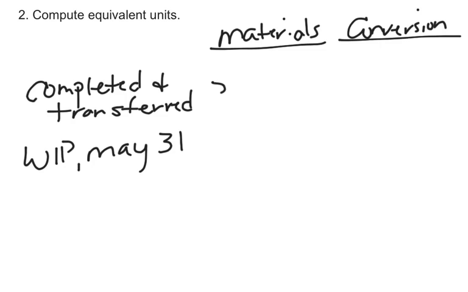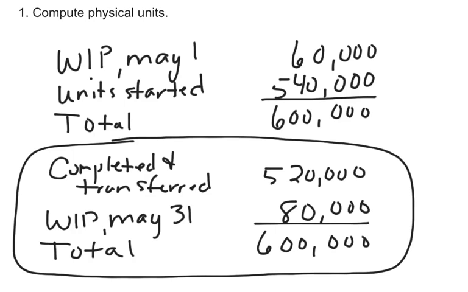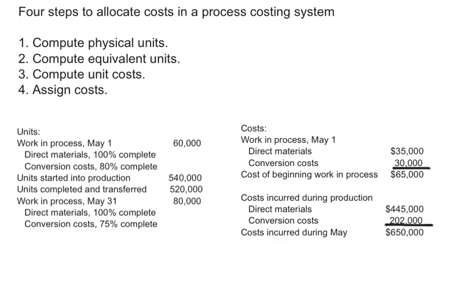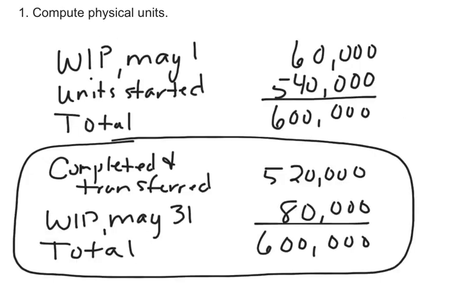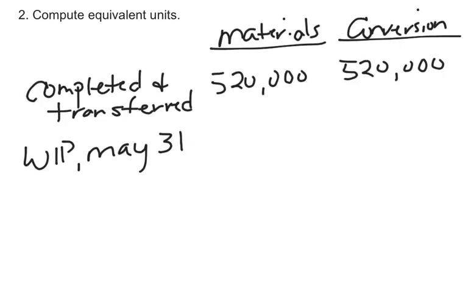Well, for materials, all 520,000 units were applied at 100%, as well as conversion. They're done and off to the next department. Work in process, however, we know we had 80,000 physical units. They were 100% complete for direct materials and 75% for conversion. So we can put all 80,000 under the materials because 100% of those were complete.